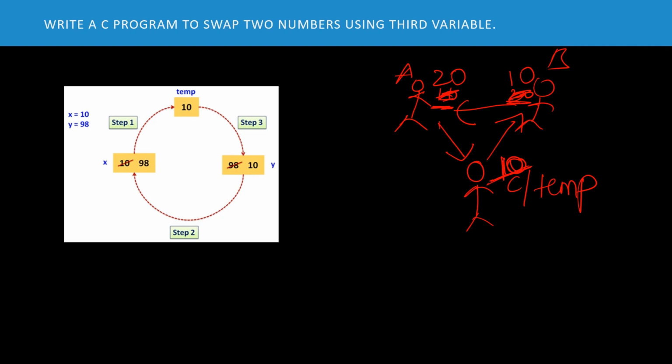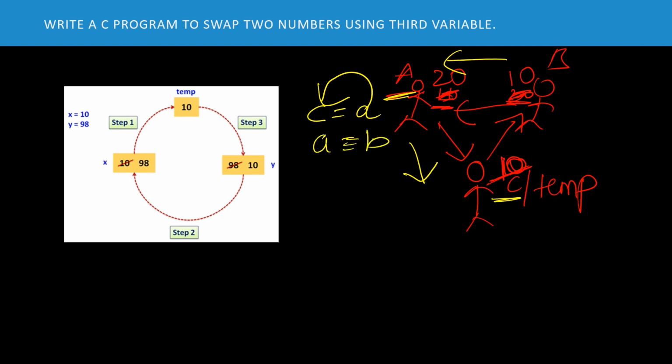Okay. What did we do? First, I have given A value to C, meaning C equals A, followed by B value to A. First thing, A to temp, followed by B to A, meaning A equals B. For the equals operator, what will it do?